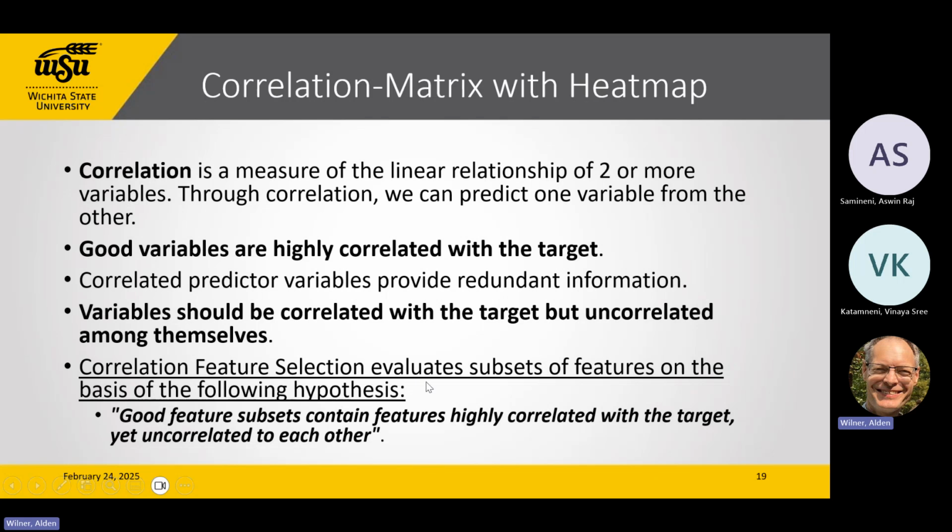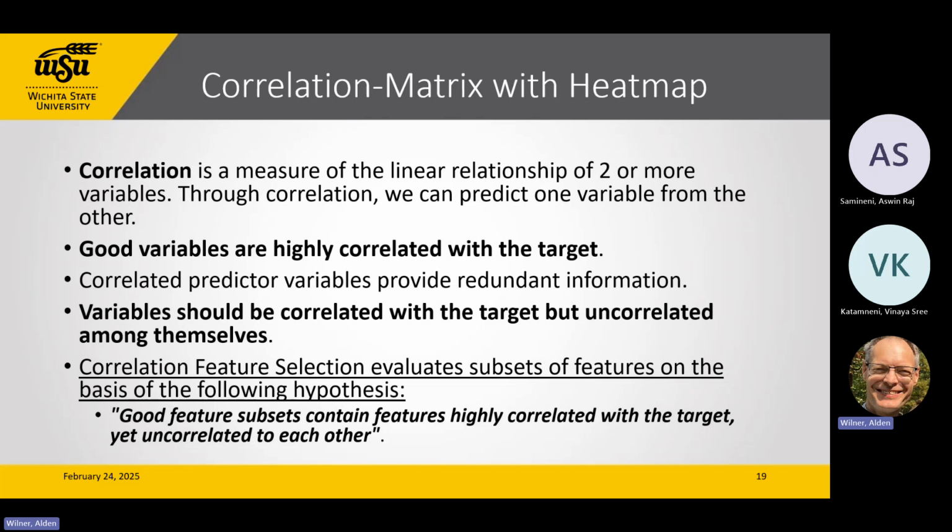Correlation feature selection basically evaluates subsets of the features on the basis of the hypothesis that good feature subsets contain features that are highly correlated with the target, yet uncorrelated with each other. And we'll get into looking at this, but basically you do your correlation matrix, you do your heat map, you see a correlation between two variables of 0.96 or minus 0.96.